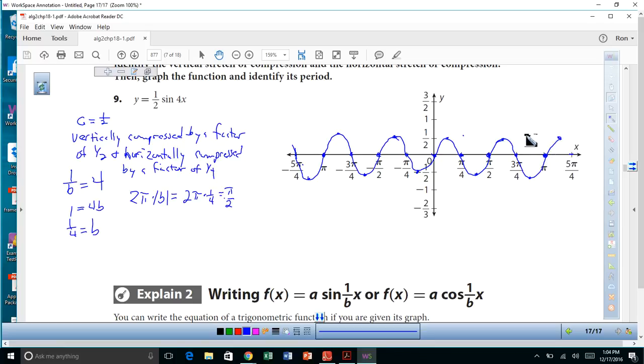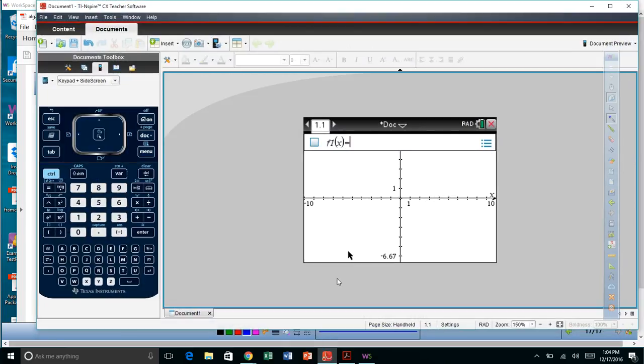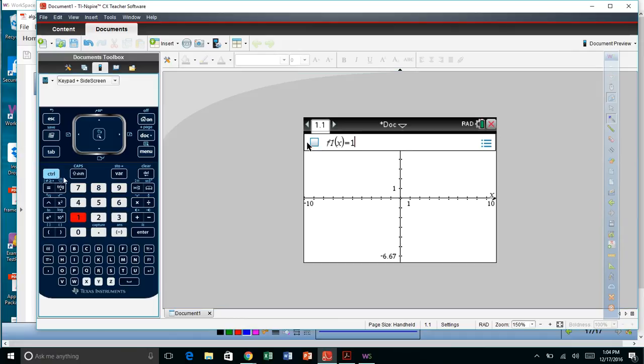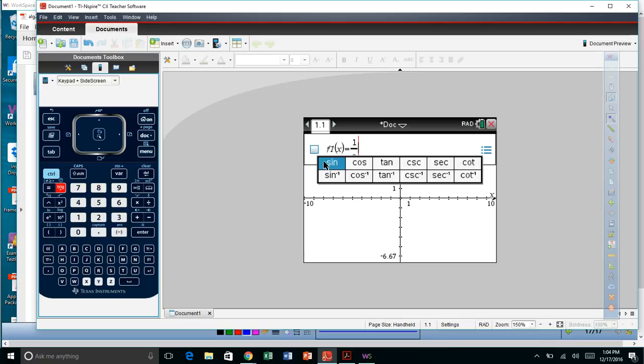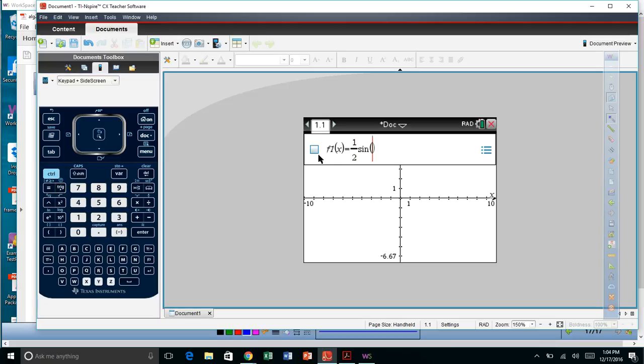All right. Now, let's try this one in the calculator. So let's go to our calculator. And then we've got 1/2, 1, control, divide, 2. And then we have sine, trig, sine, and then it is 4x.